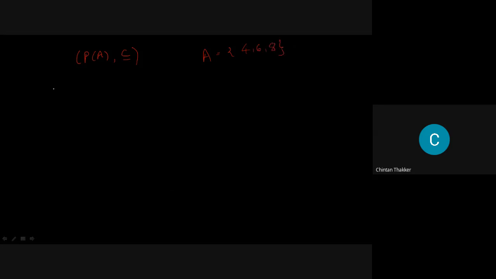We have taken B equal to the singleton 4, then the two-element set 4, 6, and A. And C will be, here we change the C, we take C equal to {4}, {6}, {4, 8} and {4, 8}.